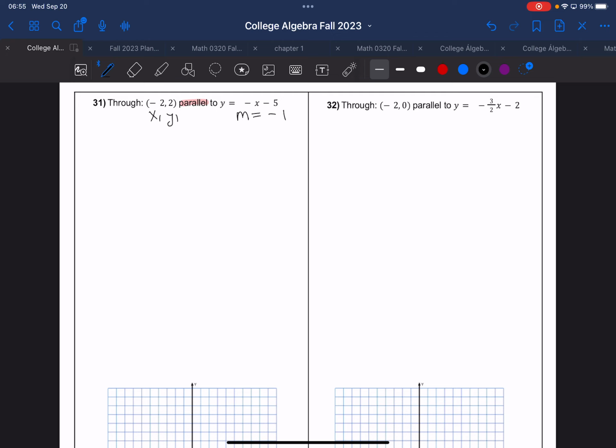Since it wants us to find a parallel, that means our new slope, which I'm going to write as slope parallel with those symbols, is still negative 1. So the information we're using here is this slope and this point. And we're going to plug it into the formula. y minus y1 is equal to m times x minus x1.